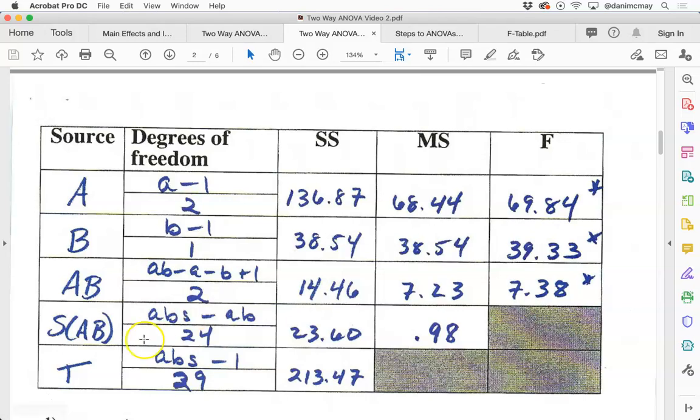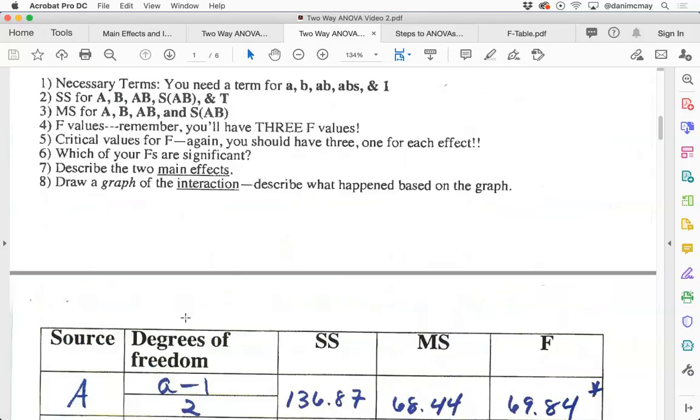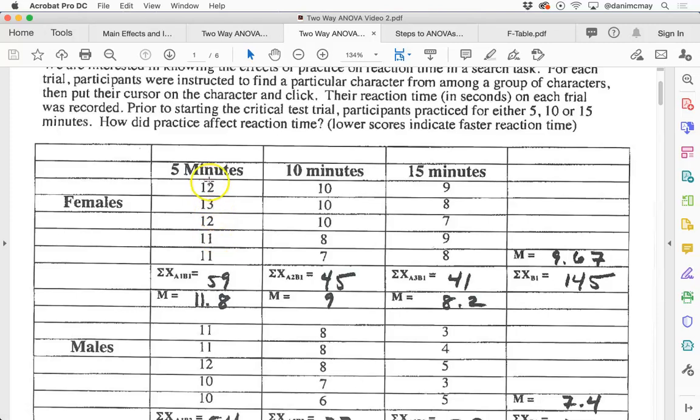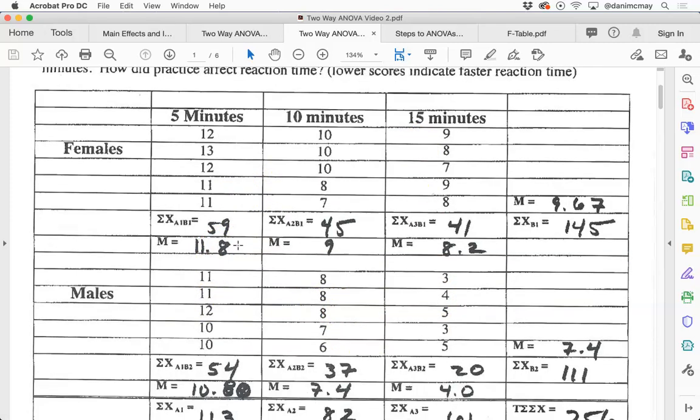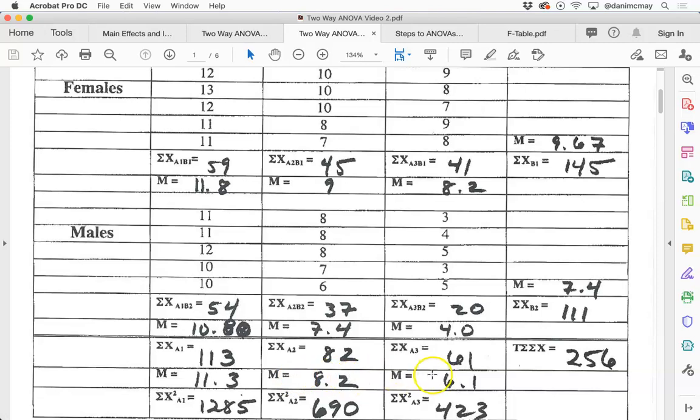Okay. ABS. Our S value in this case is how many are in each of the individual boxes. So here, our S value is 5. 1, 2, 3, 4, 5. So there's 5 in these individual boxes, okay? So you've got 10 in each level of A, 15 in each level of B, and you've got 5 in each AB.